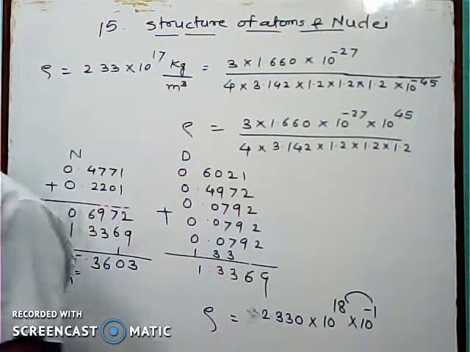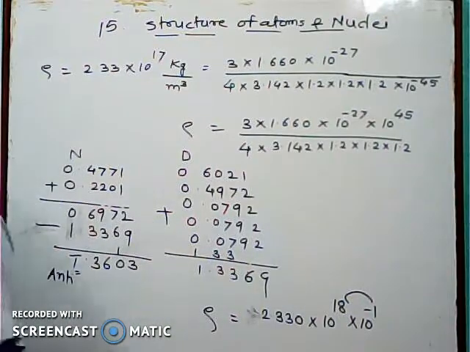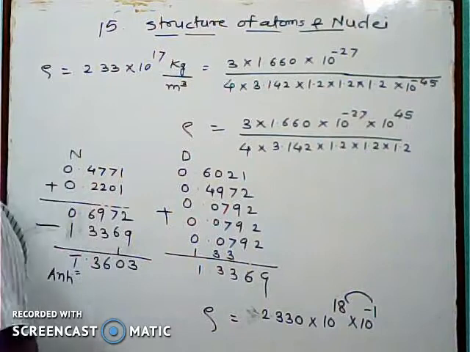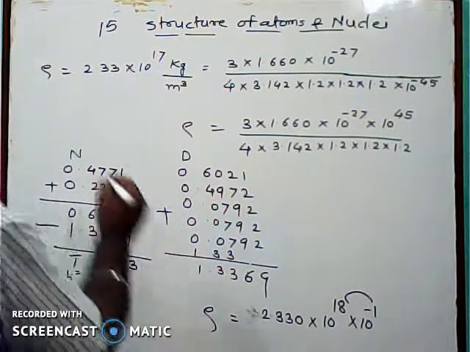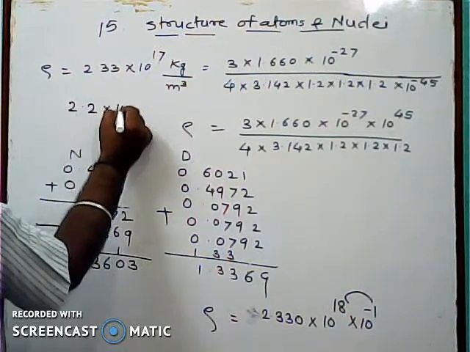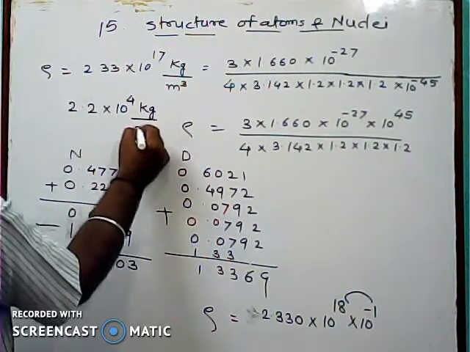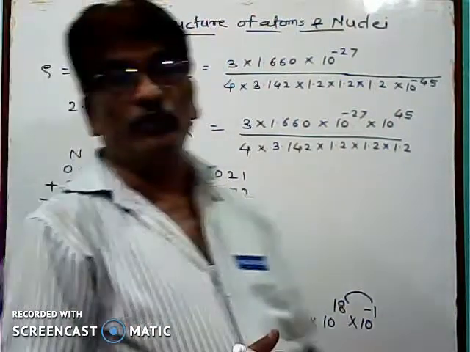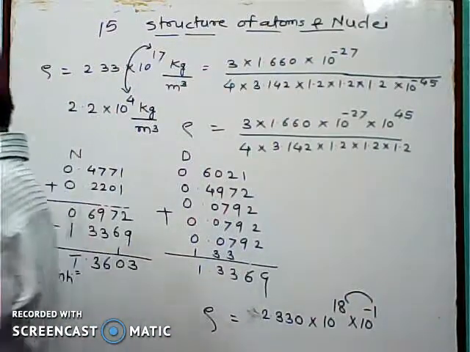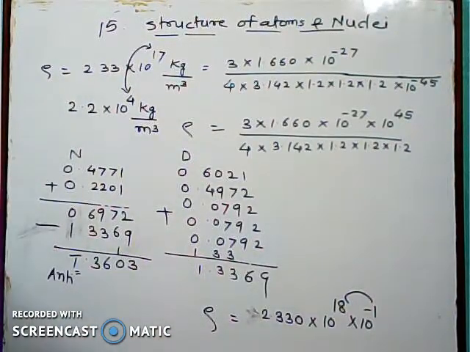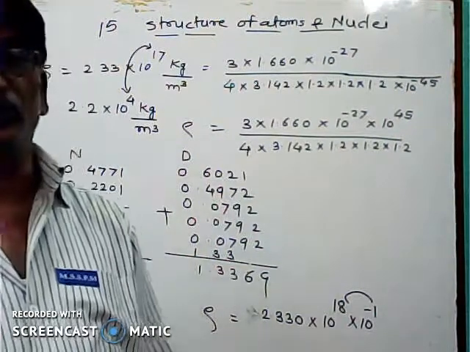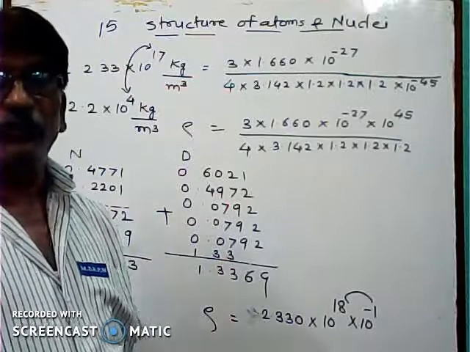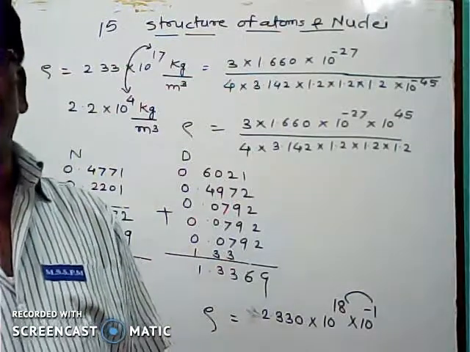Among all known elements, osmium has the highest density, which is 2.2 into 10 to the power 4 kg per meter cube. Here 10 to the power 17 and 10 to the power 4 differ by 10 to the power 13, so the density of osmium is smaller in order of magnitude.